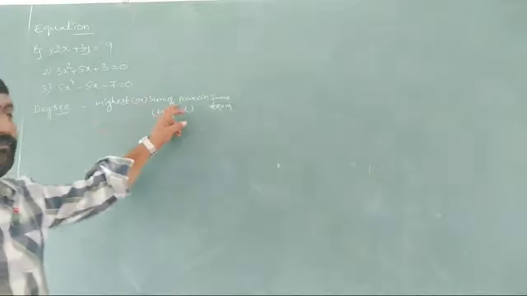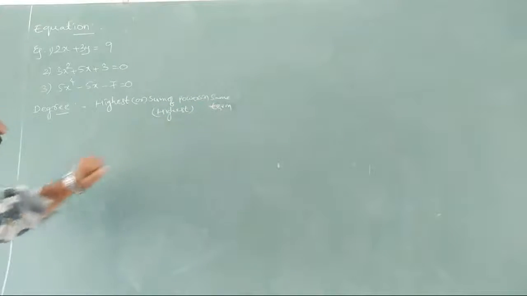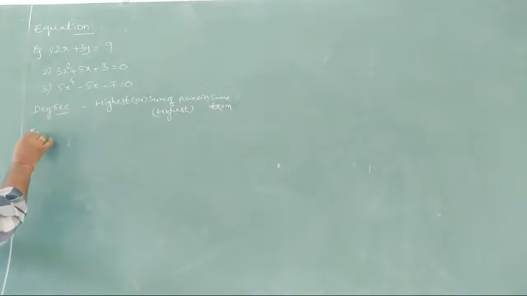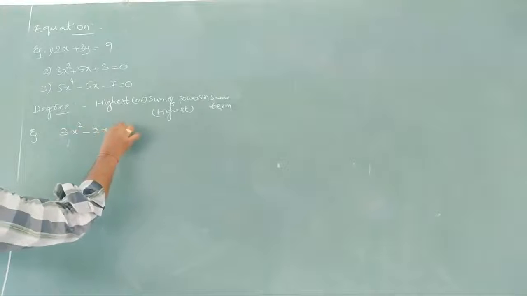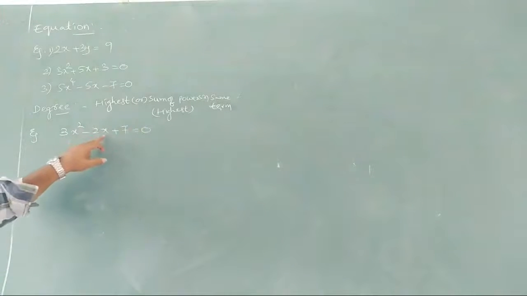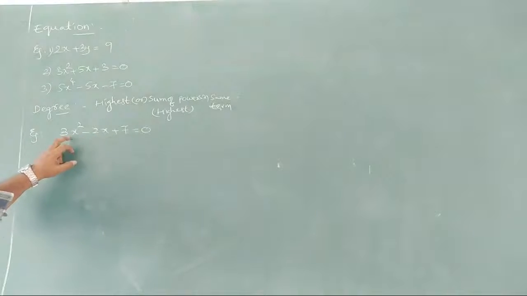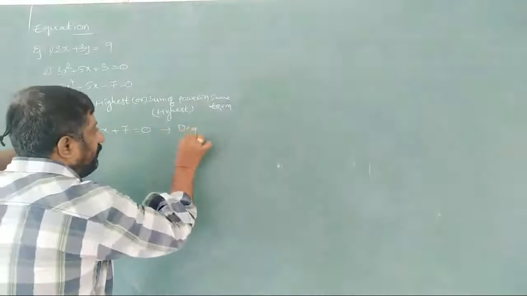Highest or sum of powers in same term, nothing but it should be also again highest. Let me take an example here. Three x square minus 2x plus 7. Here what is the power of x? Highest we have here 2. So that's why I am writing degree is 2.